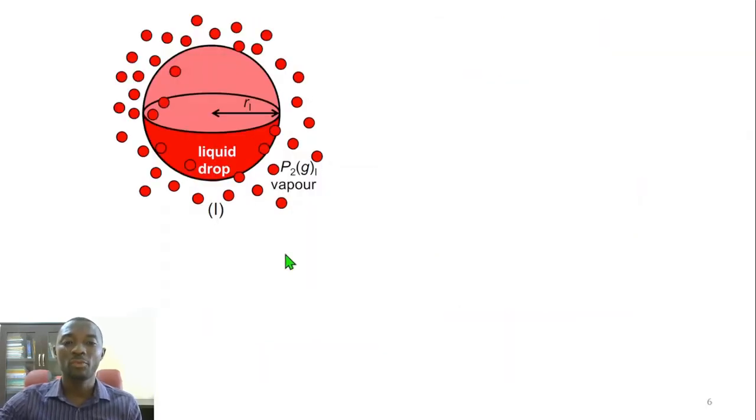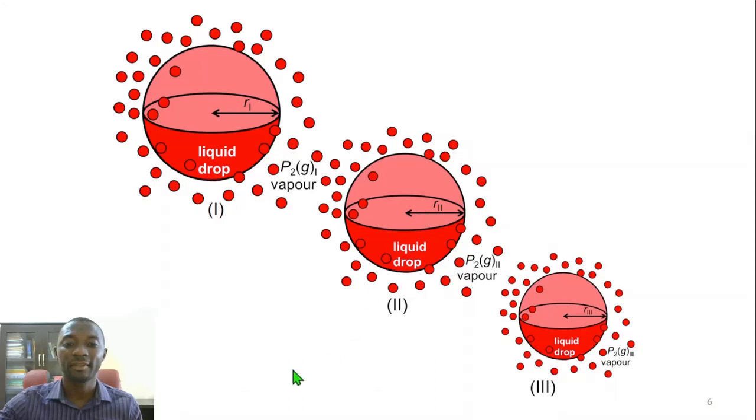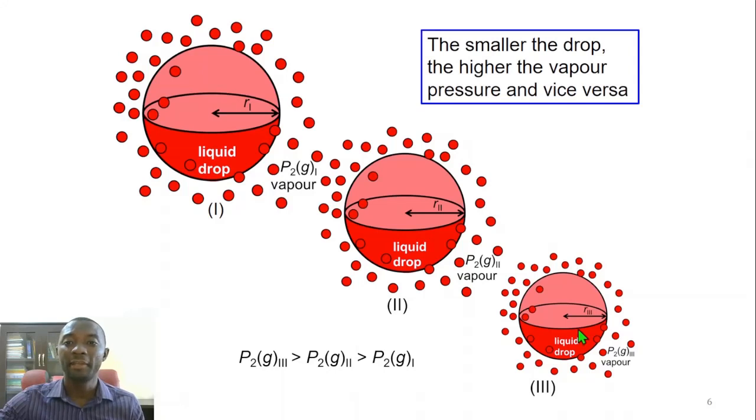Let us look at a case where we have a series of drops. Say these have drop radii R1, R2, and R3. What experiments have shown is that the smaller the drop, the higher the vapor pressure and vice versa. So the smallest drop will have the highest vapor pressure, followed by this, and lastly by the biggest drop.